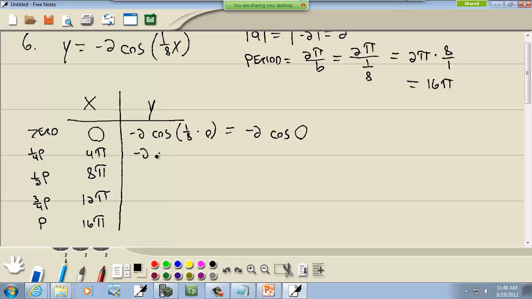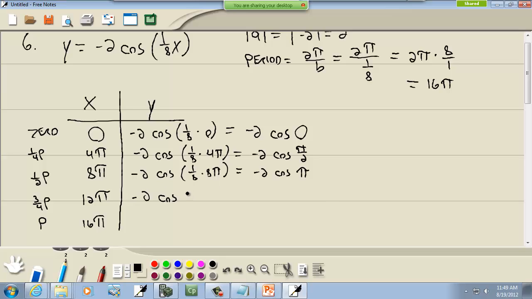On this one, I got negative 2 times cosine of 1/8 times 4 pi, and 4/8 is 1/2, so we got pi over 2. Here we got negative 2 times cosine of 1/8 times 8 pi. The 8s cancel, and I'd have negative 2 cosine of pi.